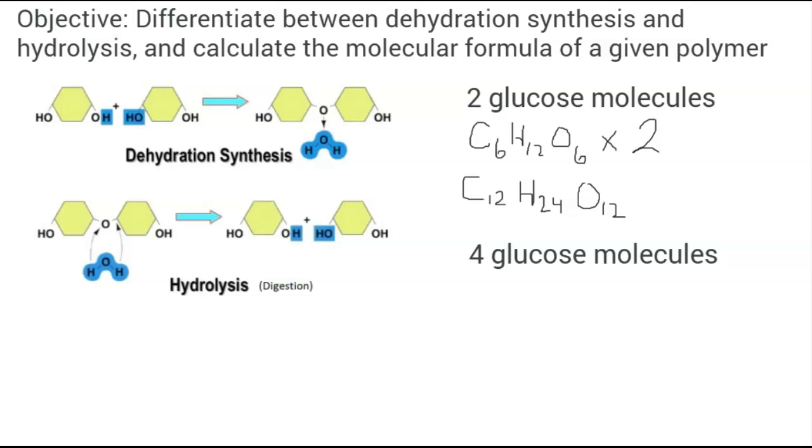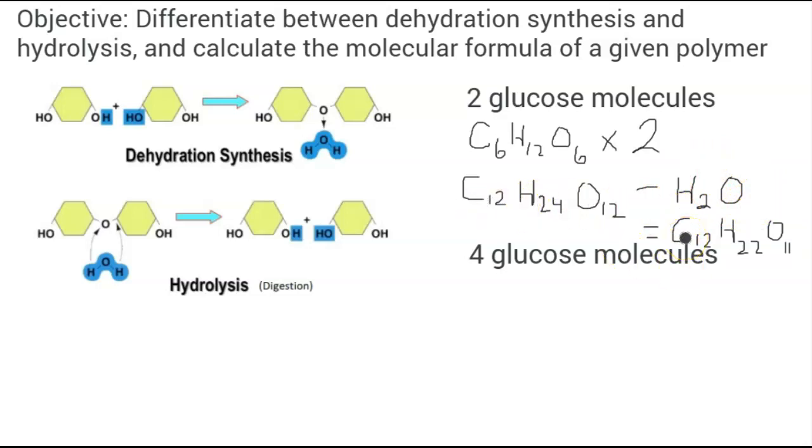If you just take your 2 molecules and multiply out the carbons, hydrogens, oxygens, you have to always remember that for every bond that you create, you take away one water molecule. So what we need to do is take away that 1 water molecule, and then that would give us C12.